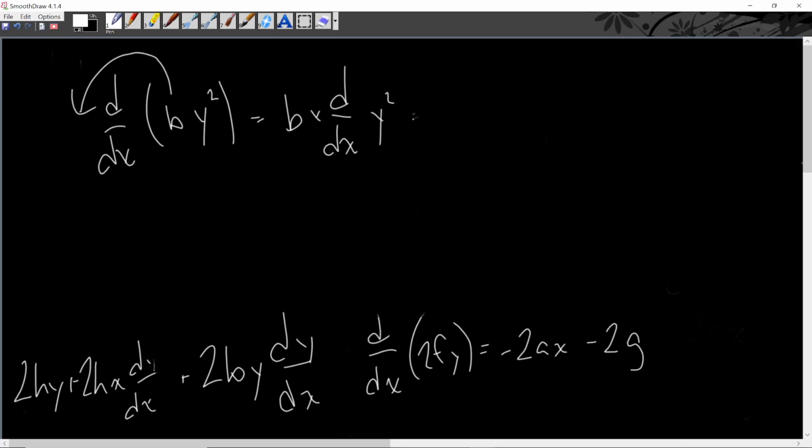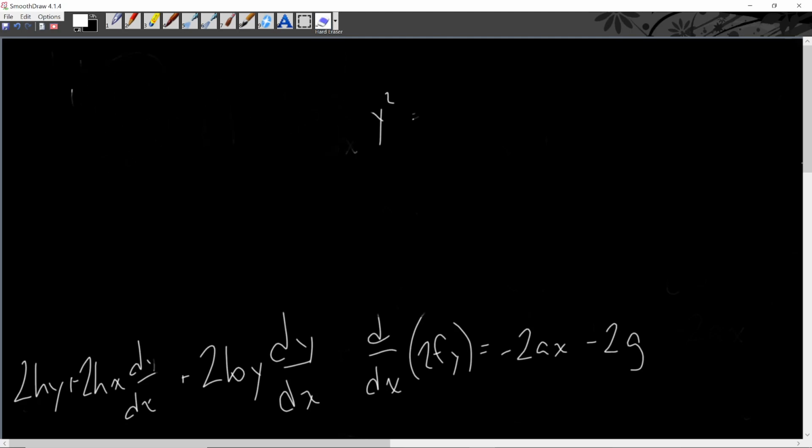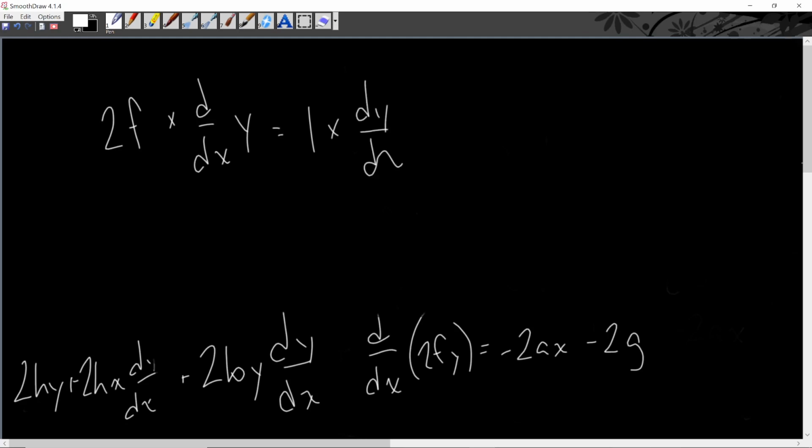All right, and then 2fy is going to be nice and simple. We'll bring that 2f out in the front. So 2f out here times d dx of y, which is going to be d dy of y, which is 1, times dy dx.